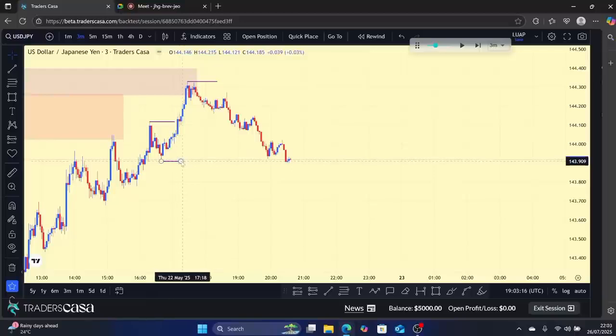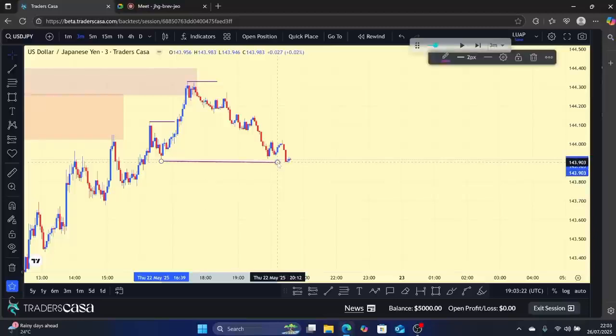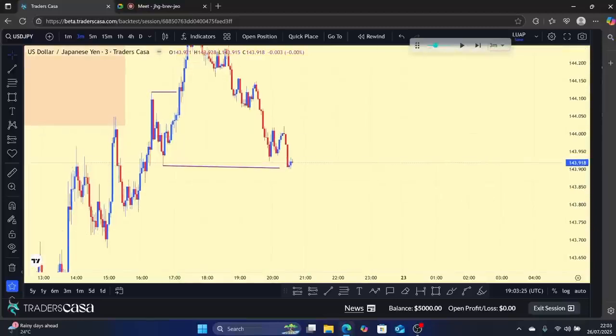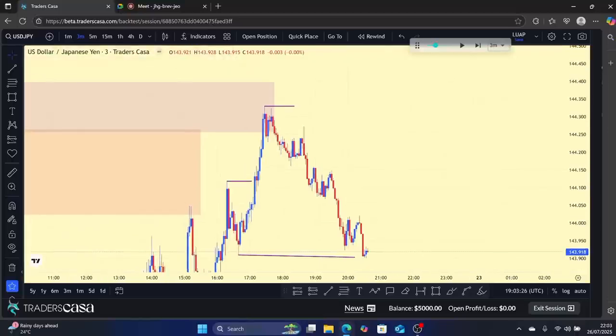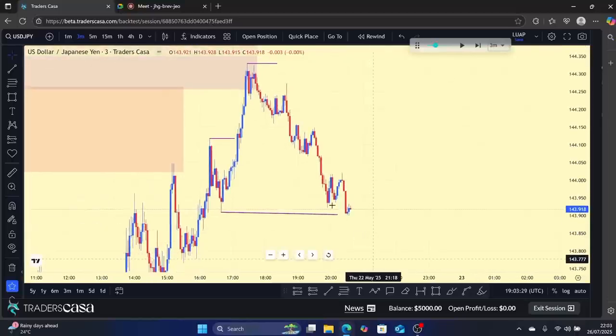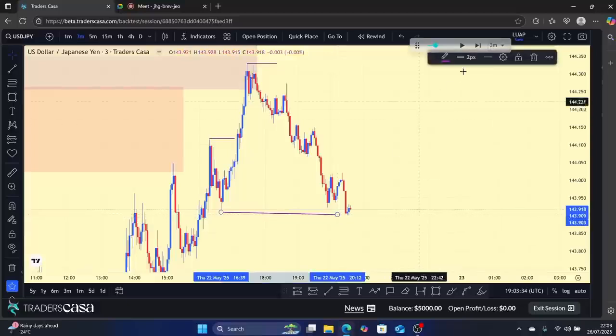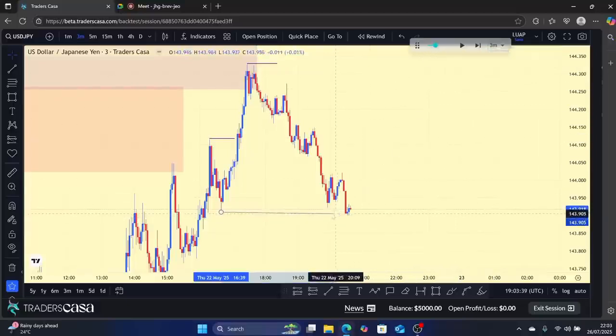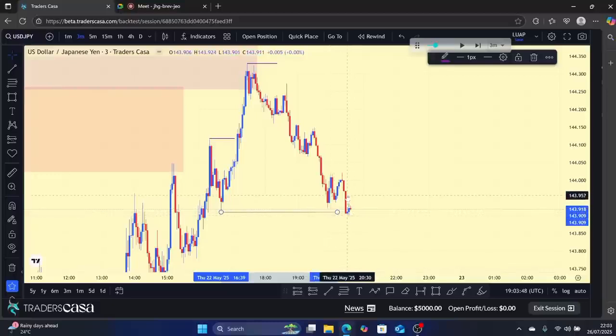So you can see that, all right, let me zoom, and also let me make this line 1px instead of 2px. Yeah, so you can clearly see that this low didn't break past this line, and this here is the break.